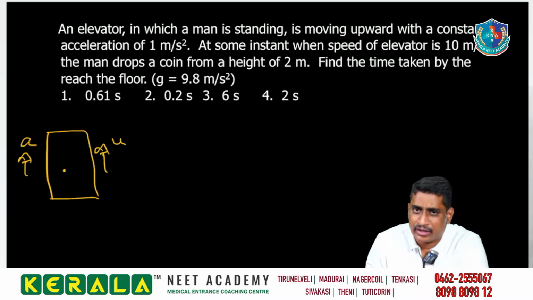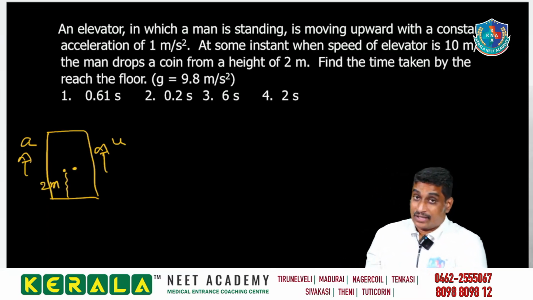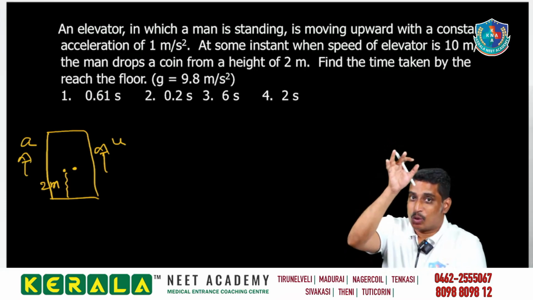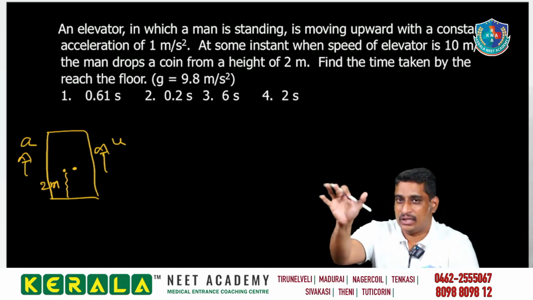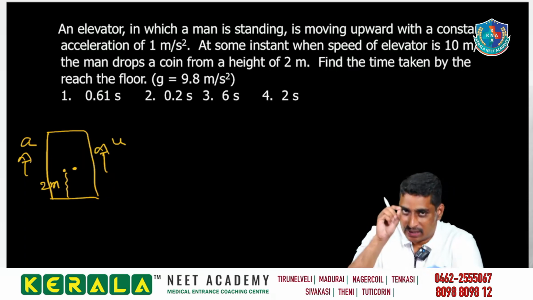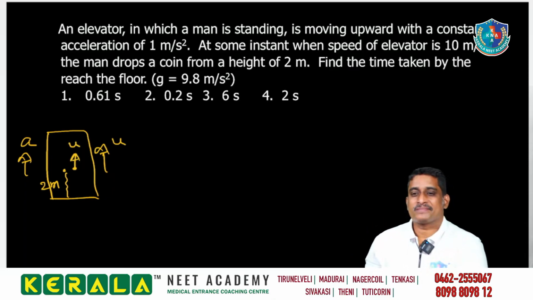A man is standing inside the lift, just imagine. From 2 meters height, a stone is released. So, as soon as that stone is released, that stone gets the same velocity as that of the lift. Here, lift velocity we assumed u upwards. That is the case given. Therefore, as soon as that stone is released, that u will be upwards.